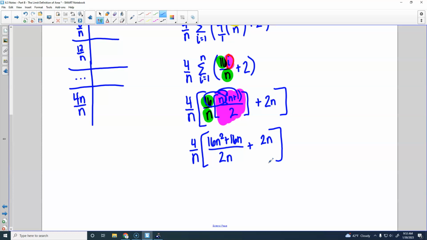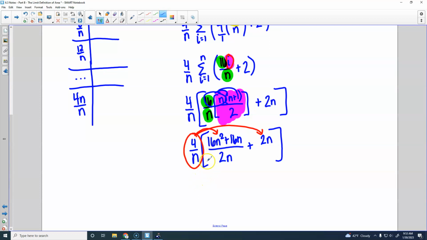And then, I think the easiest way to do this is to distribute that 4 over n to both terms. The other option is to try to get common denominators here and put it all together as one fraction.